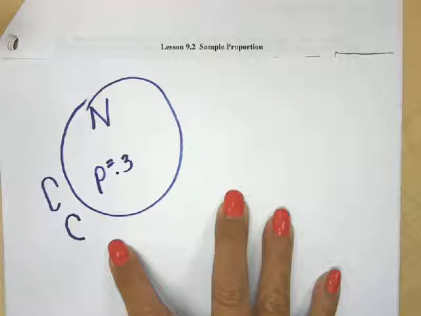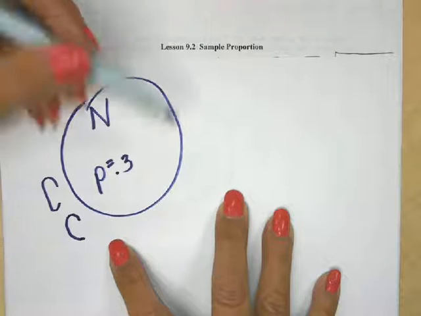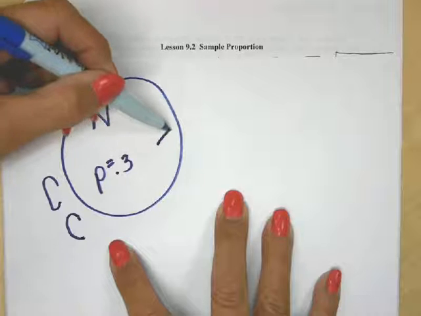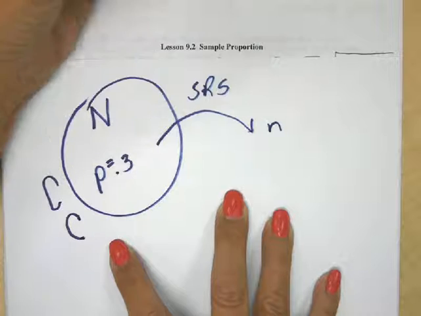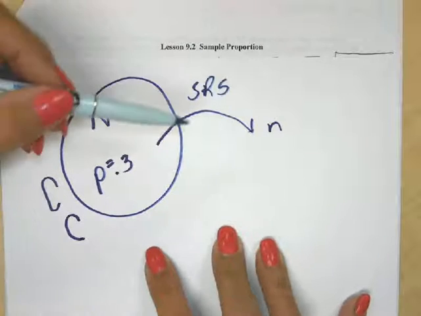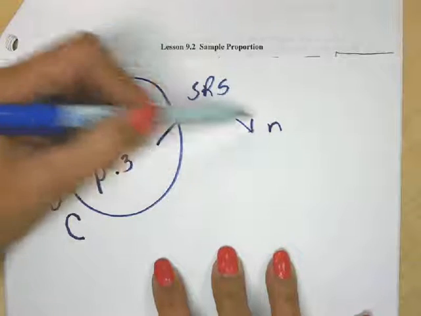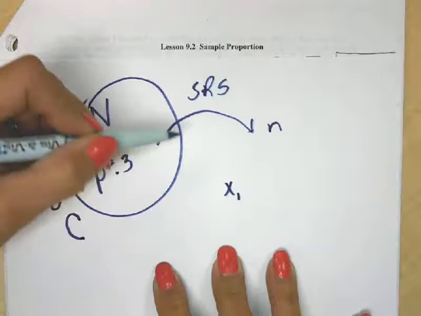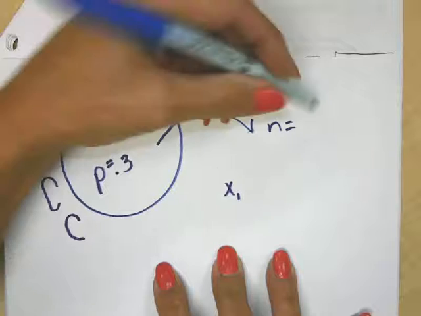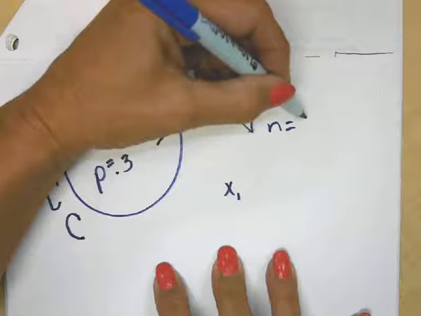If we're talking about a sample proportion distribution, what would happen is I would take simple random samples of a specific sample size, and I would collect some data and find out how many successes I had. Let's say I took a sample of size 200.